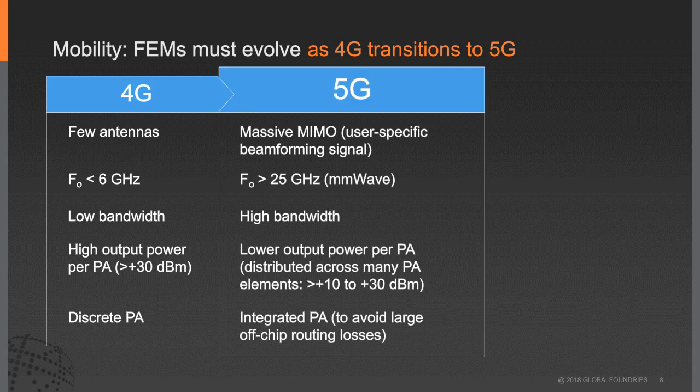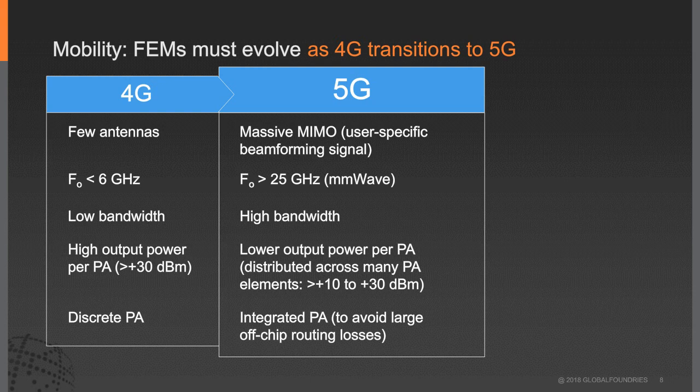In 4G, we are looking at sub-6 gigahertz operation, while in 5G, we are looking at greater than 25 gigahertz. In 4G, we have a small number of antennas, while in 5G, we are going to phased arrays. We'll be talking in detail about this in the later part of the presentation.